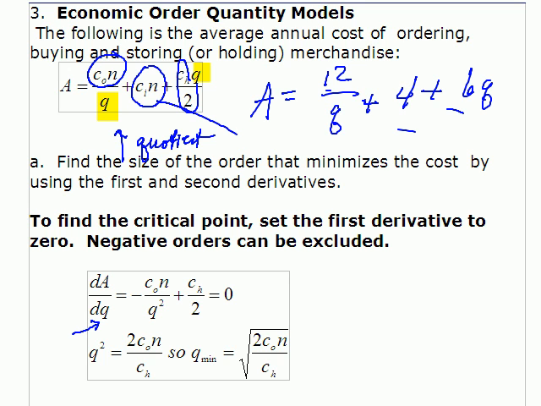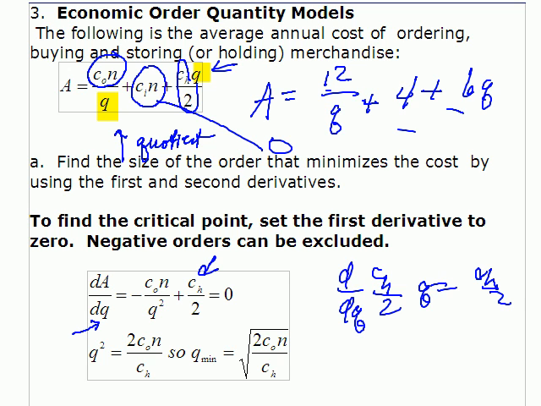The derivative of the second term is a constant, so it's going to be 0. The derivative of CH over 2 times Q with respect to Q is just going to be CH over 2. So here's my CH over 2. You don't see this term because it's 0, and this term is a result of the quotient rule. You want to set that to 0 and solve for Q. And this is your answer right here.